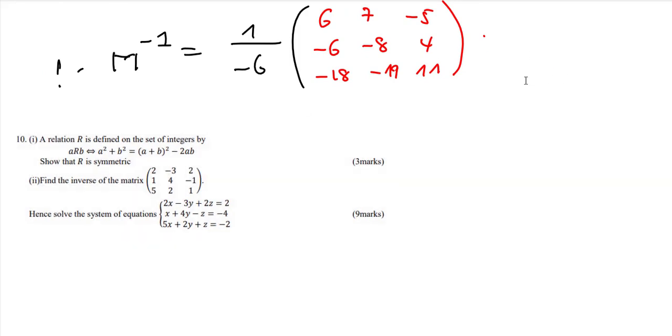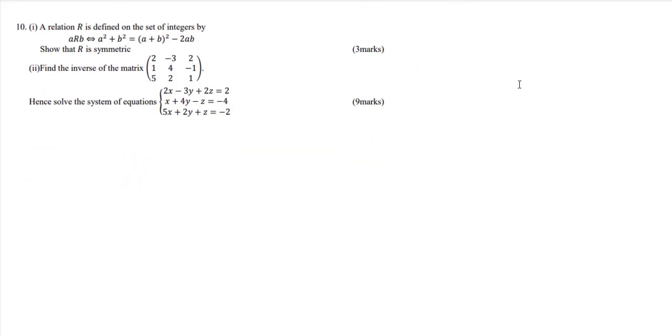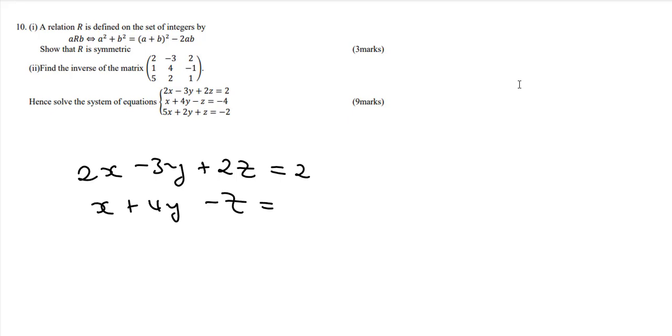So we have 2x minus 3y plus 2z is equal to 2. Then here we have x plus 4y minus z is equal to minus 4. And here we have 5x plus 2y plus z is equal to minus 2.